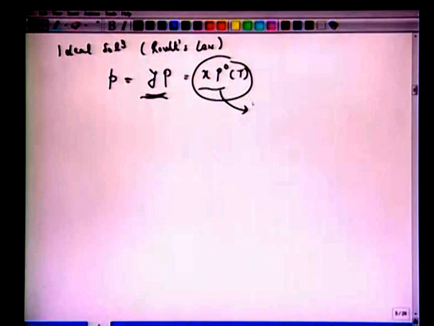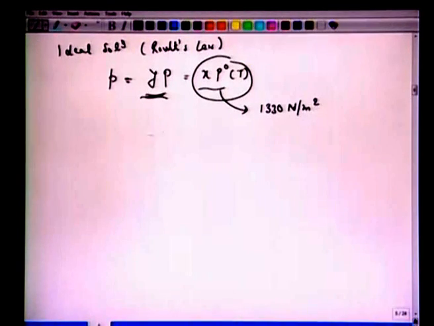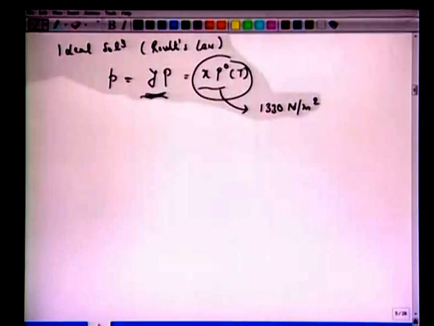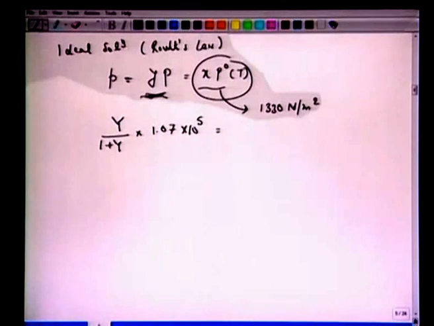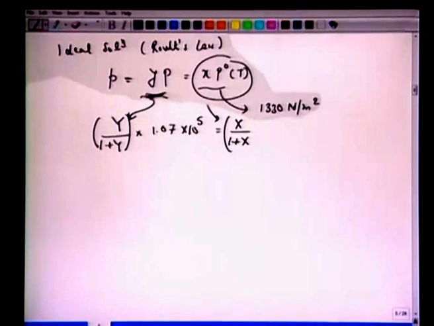we can see this is given as 1330 Newton per meter square. So essentially we have Y P, so we can write capital Y over 1 plus Y into the pressure, which is given as 1.07 10 to the power 5, equals capital X over 1 plus X. So a small y is replaced with Y over 1 plus Y and a small x replaced with capital X over 1 plus X into the vapor pressure, which is 1330.